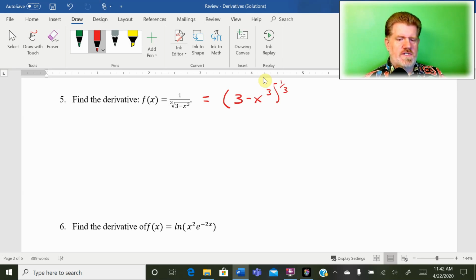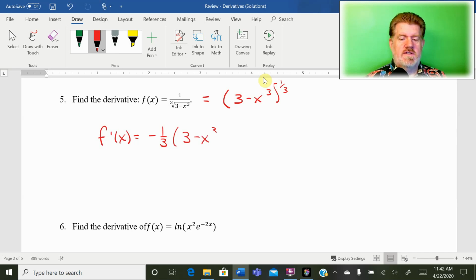So if you can convert this to this, it makes the derivative a whole lot easier. So the derivative would be negative 1/3, 3 minus x cubed. Now lower that by 1. So negative 1/3 minus 1 becomes negative 4/3. And then chain rule, the derivative of what's inside, so negative 3x squared.